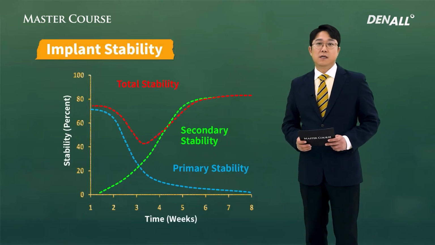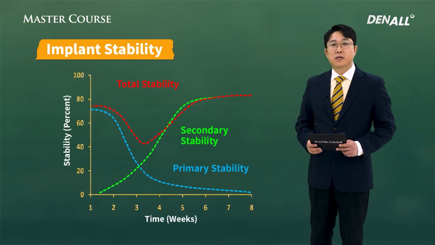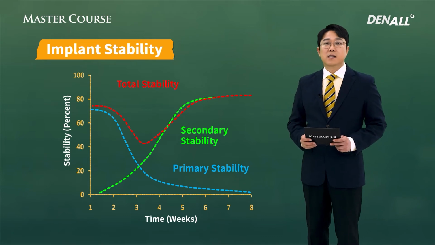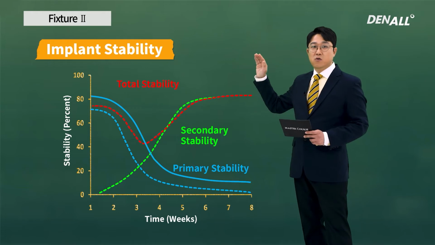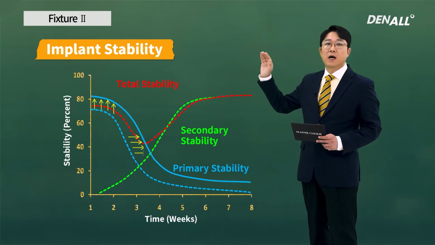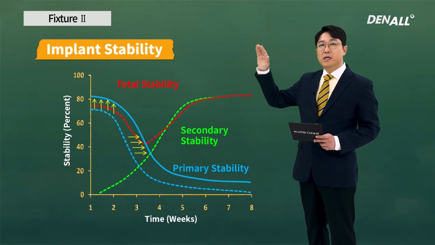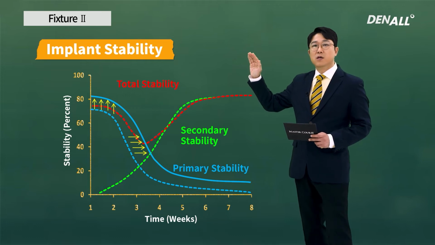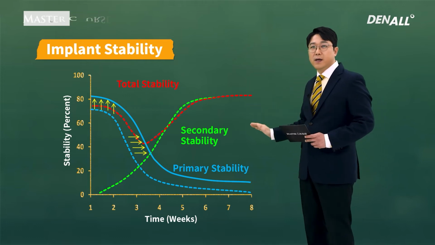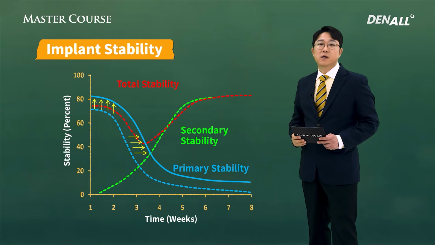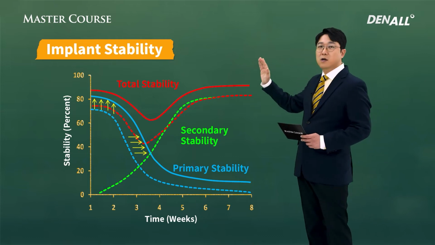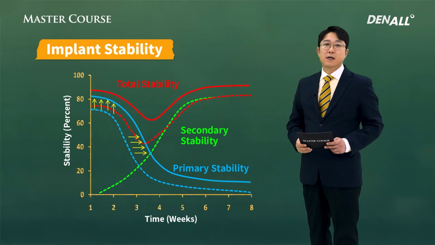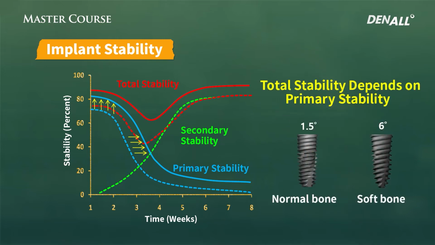We saw the implant healing curves. The primary stability goes down over time, and we need to heighten the starting point of the curve. That means more stability should be achieved at the beginning, and if you increase the area of implant bone contact, total stability can be heightened.